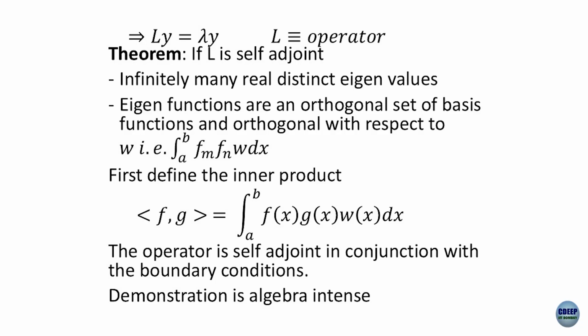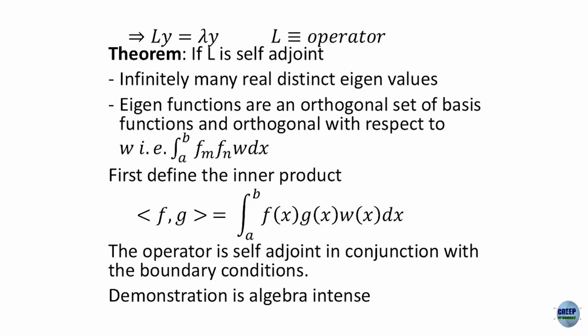Okay? And the eigenfunctions corresponding to these eigenvalues form an orthogonal set of basis functions. Just to jog your memory a little bit, the orthogonality of the basis functions was important, and that was kind of the basis for the Fourier series that we had talked about.